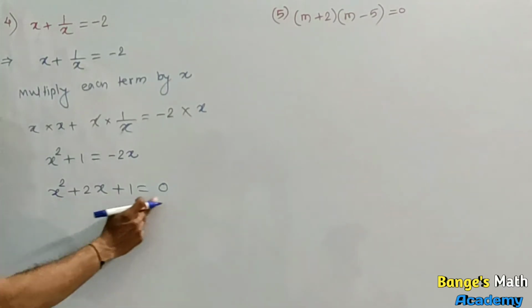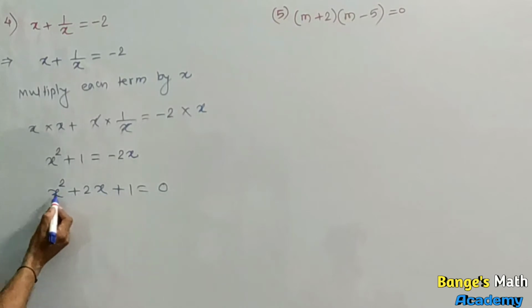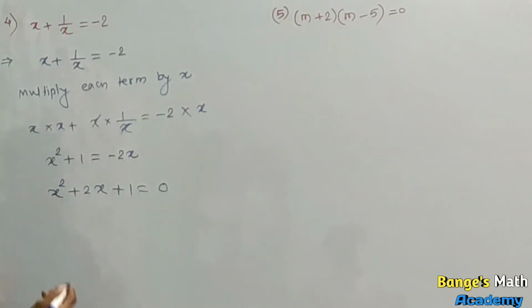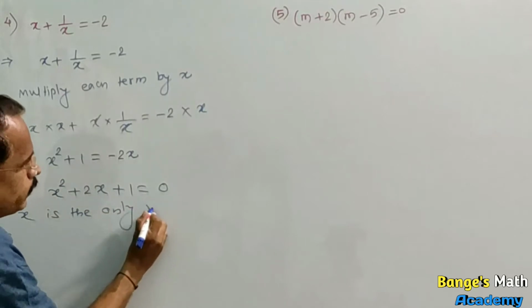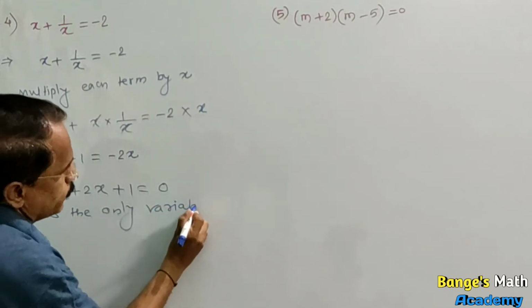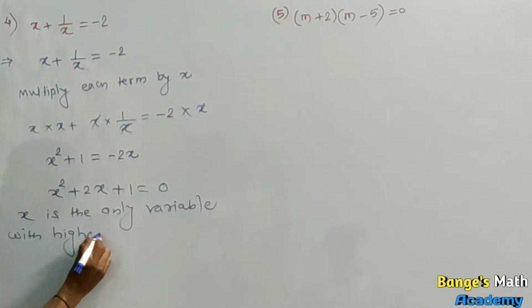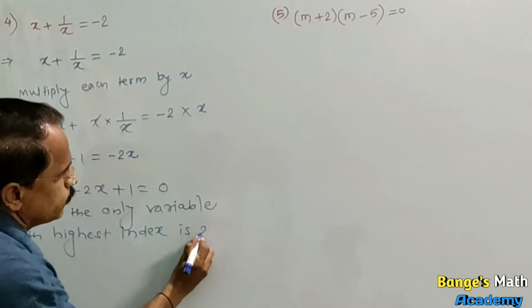0. If we observe this equation, there is only one variable, that is x, and the highest index of the variable is 2. So x is the only variable with highest index 2.